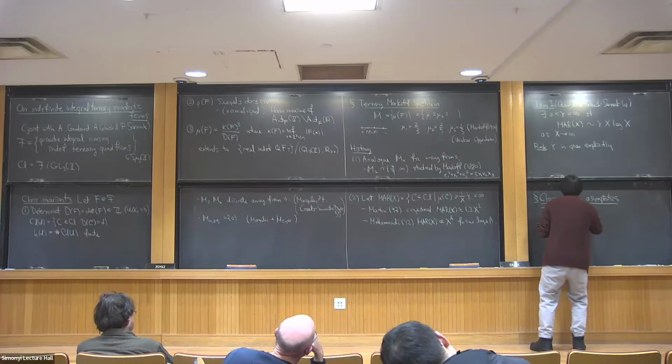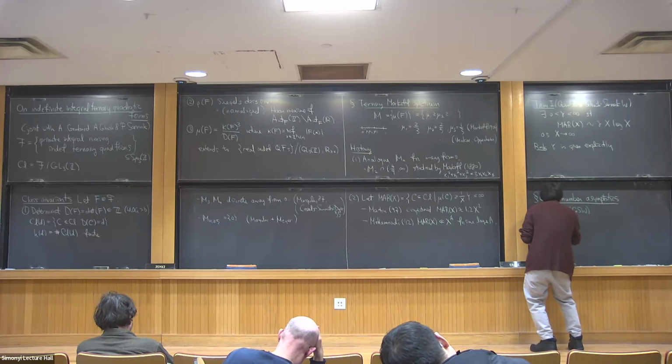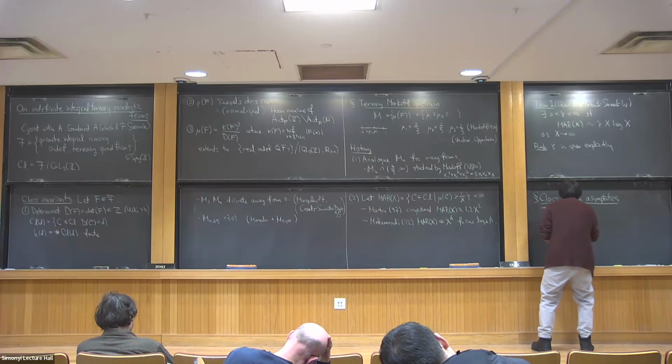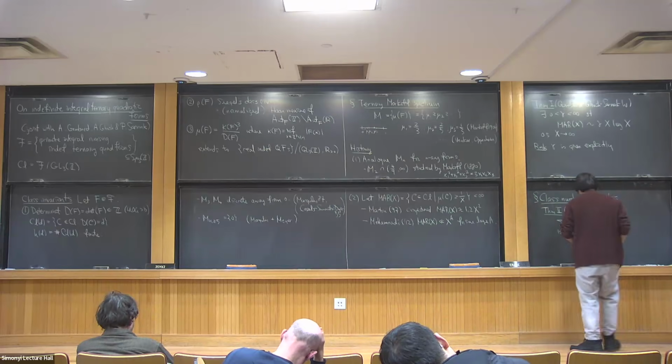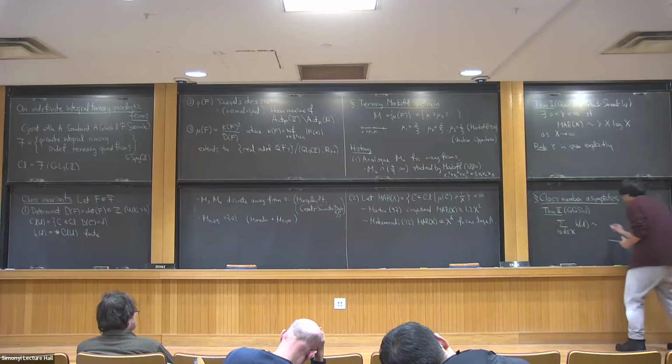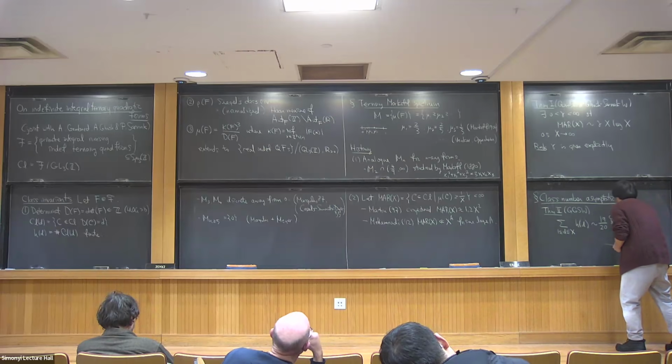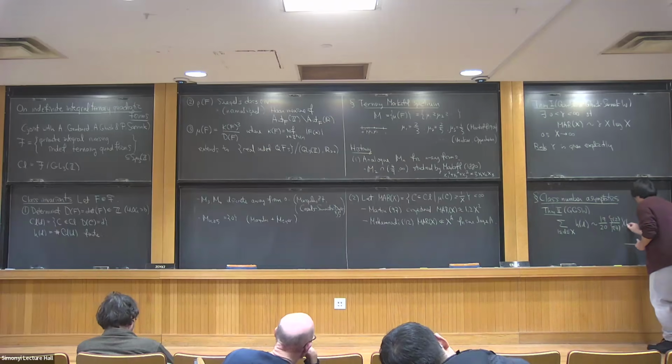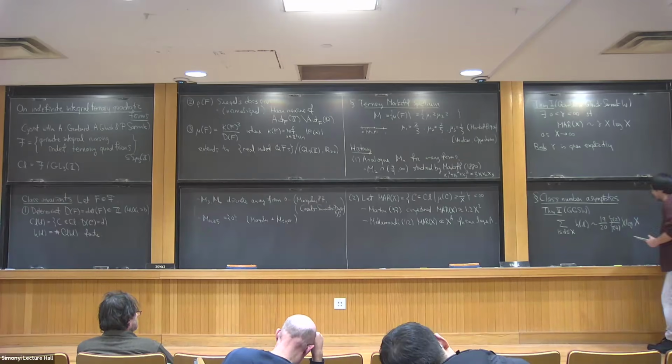So as we order, for b less than or equal to x, the sum of these h of b's grows like x log x.